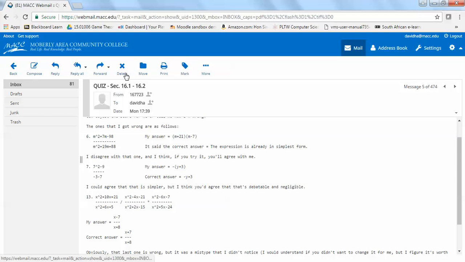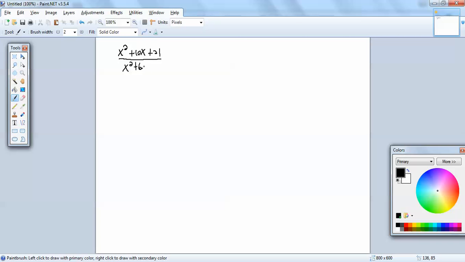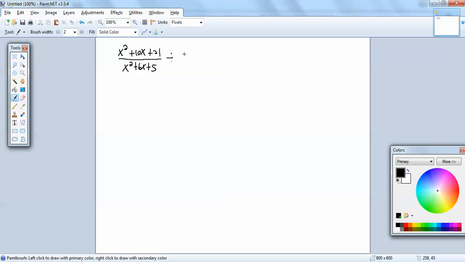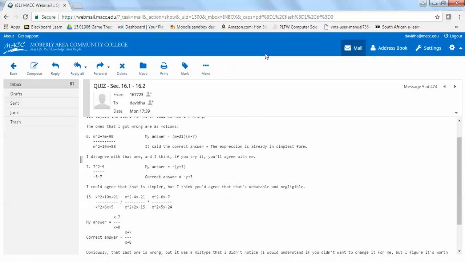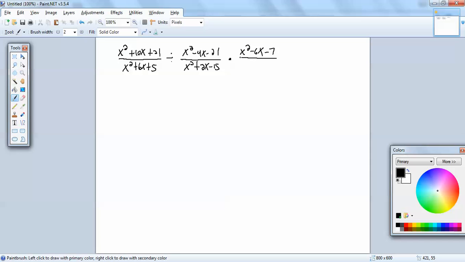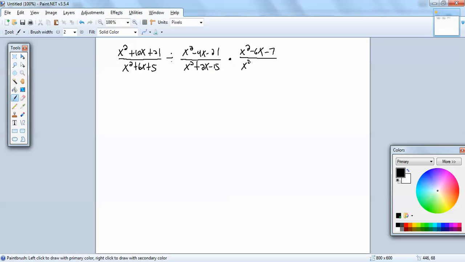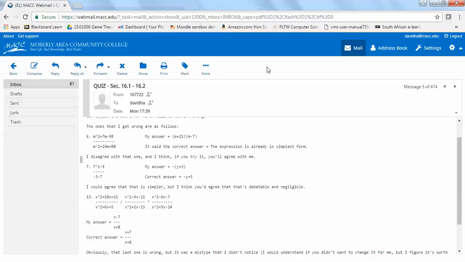Over x squared plus 6x plus 5, divided by x squared minus 4x minus 21 over x squared plus 2x minus 15, times x squared minus 6x minus 7 over x squared plus 5x minus 24.